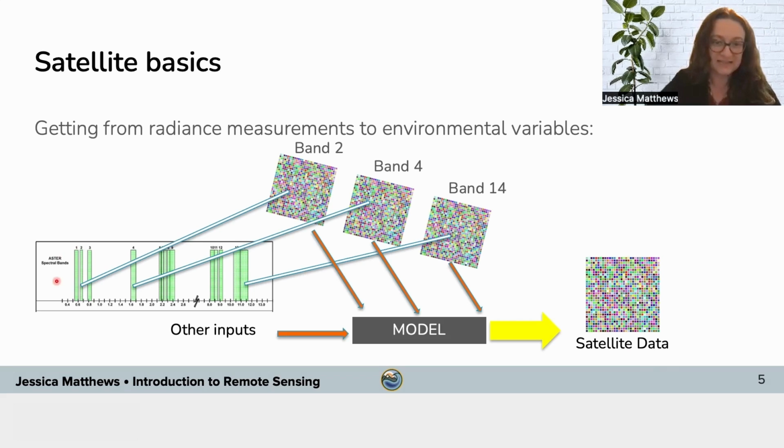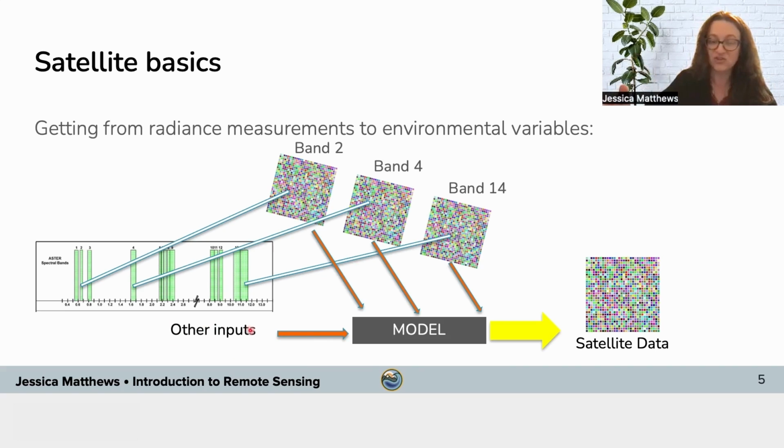So on the left-hand side, you can see that this is just an example from one satellite sensor called ASTER. It has a number of channels on that sensor that measure the radiance in different parts of that electromagnetic spectrum. And we refer to those as channels. For each of those channels, we have an array, spatially and temporally, of observations of radiance at those wavelengths.